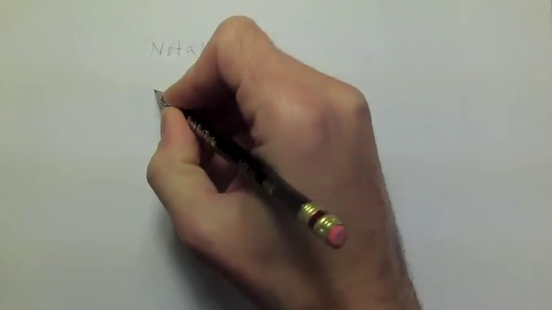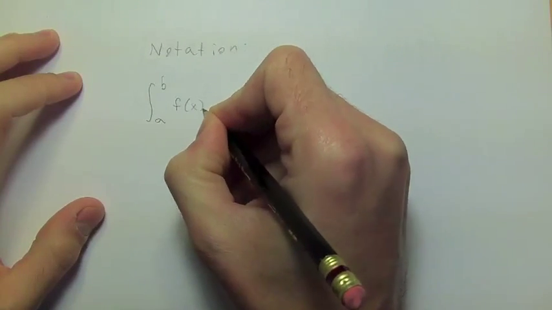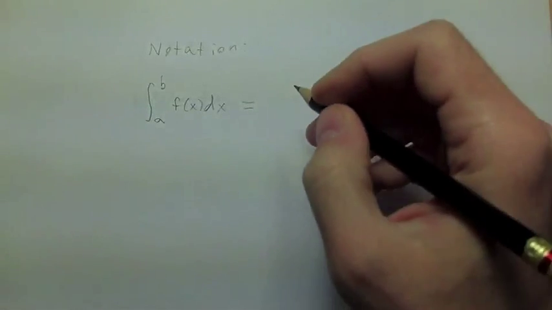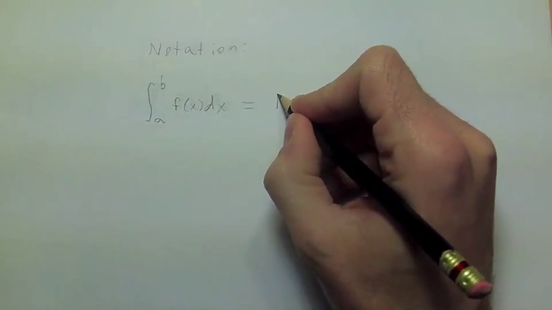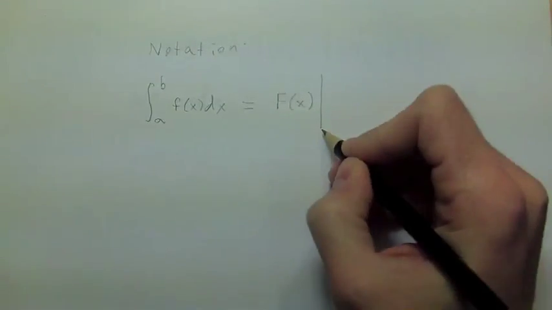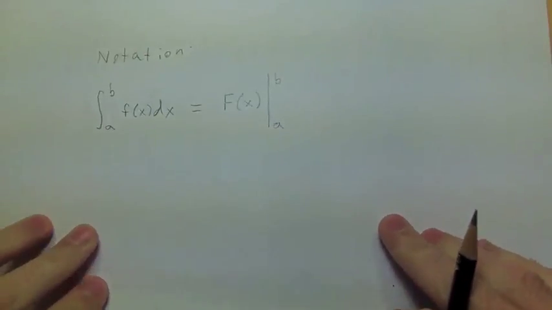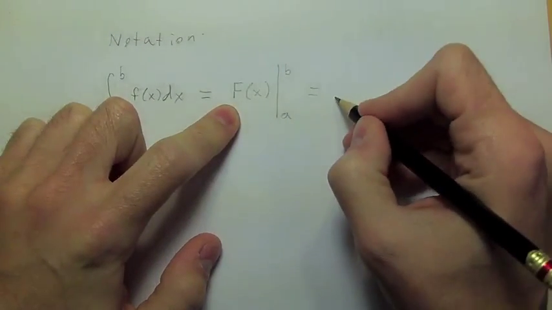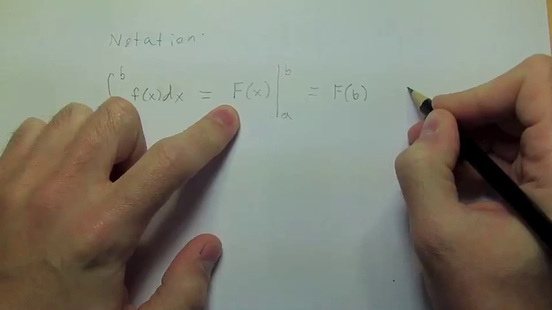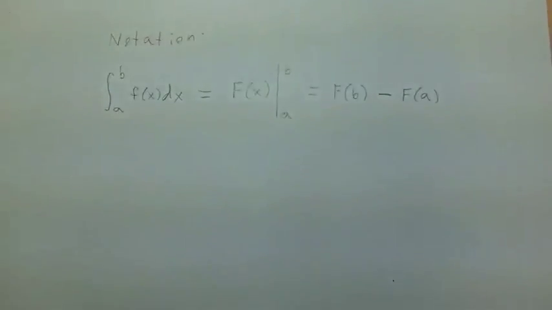So basically, if I have the definite integral from a to b of little f of x dx, what I'm going to write is capital F of x with a bar from a to b. And what the bar means is that I'm going to evaluate capital F at b, capital F at a, and then subtract.